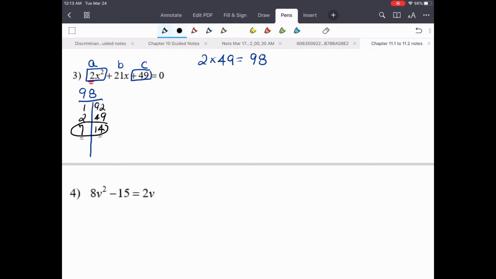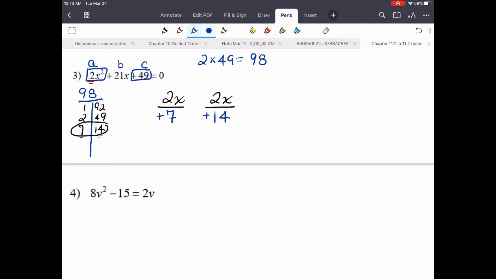Now remember, when you do this alternate product sum method, you have to do a little bit more. So you have to take the A term and just write out 2x, like that. And then we're going to put the 7 and the 14 there. And we want those to both be positive because we want to make positive 21.